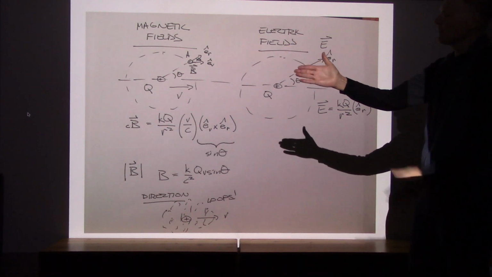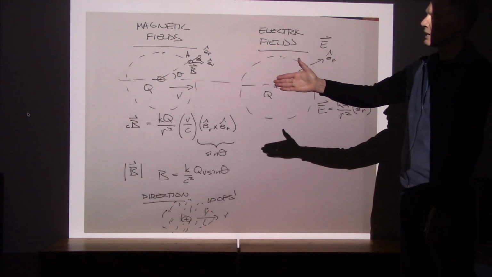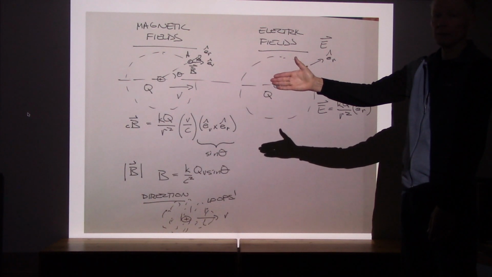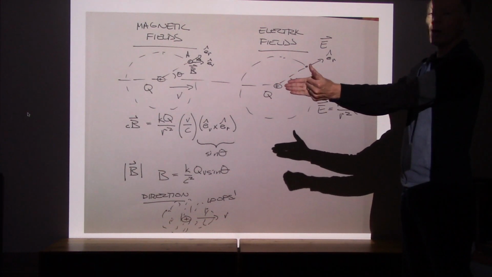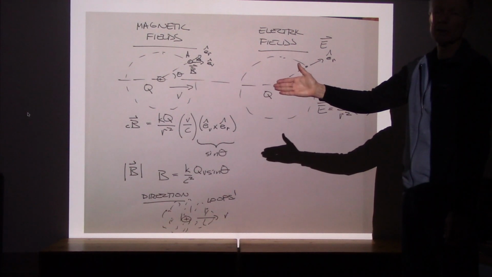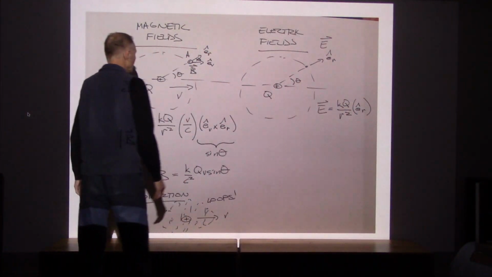So that's not bad. My hand makes up a plane, and my thumb represents one of those vectors in that plane. My fingers represent the other vector in that plane, and my palm faces in the direction of the cross product. So let's take a look and see how that would work.